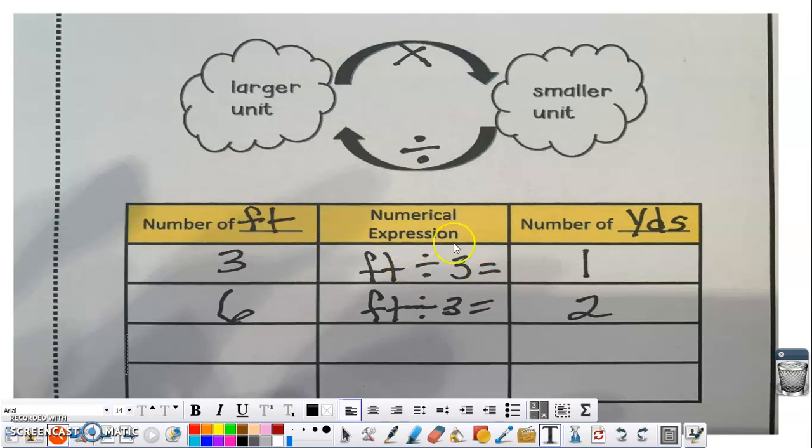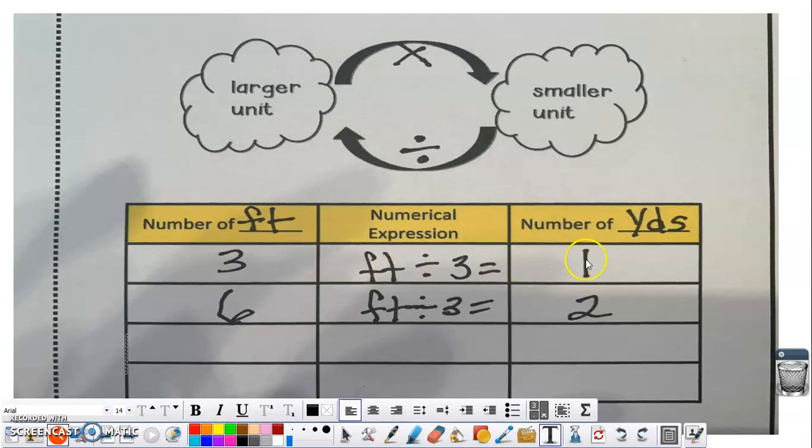When we're going from feet to yards, we're going from small to big, so we're going to divide, right? So we need to find out how many feet are in a yard. By looking at my sheet, I can see that there are 3 feet in 1 yard, okay? So I'm going to take 3 feet divided by 3 equals 1.